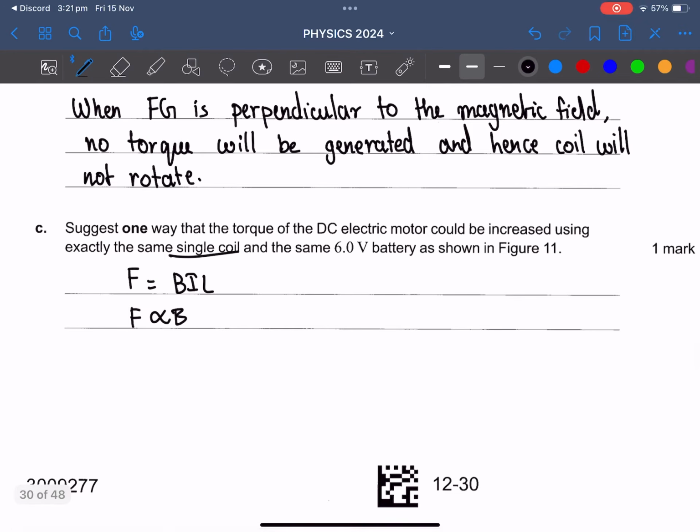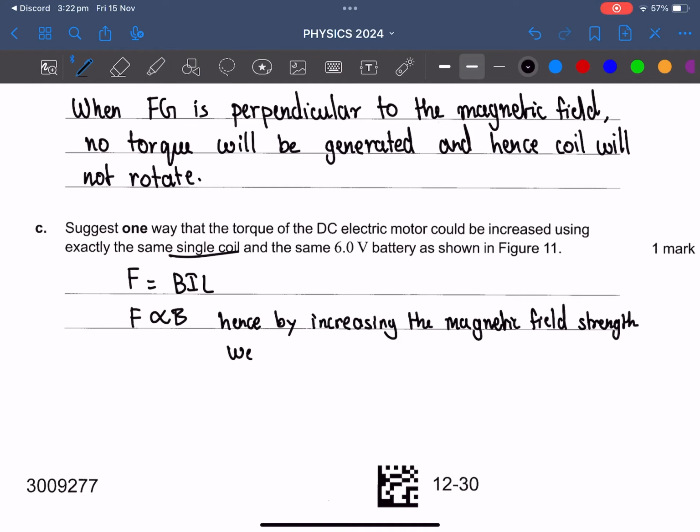Yeah, we'll just go with B. So by increasing the magnetic field strength, we can obtain more torque. We can increase the torque. Okay.